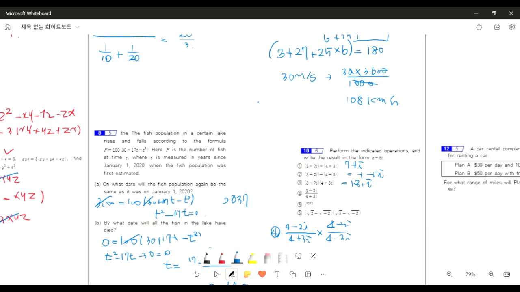So the result is 6 minus 17i divided by 25. And number 5: 2023 divided by 4, the remainder is 3, so it equals minus i.